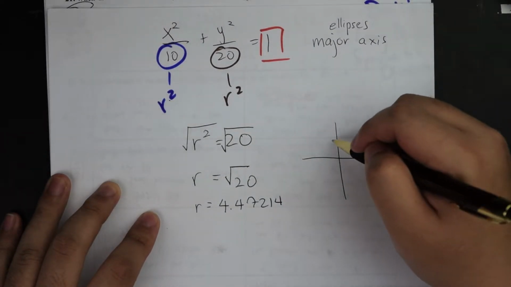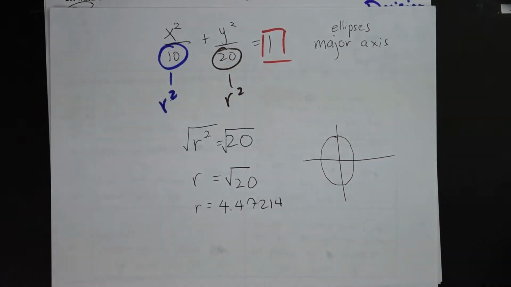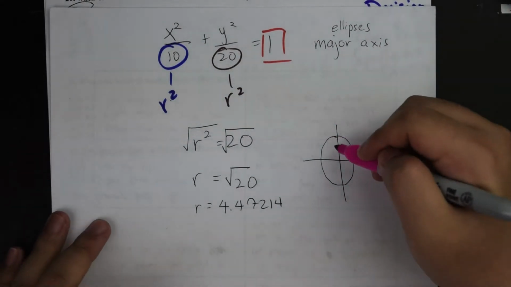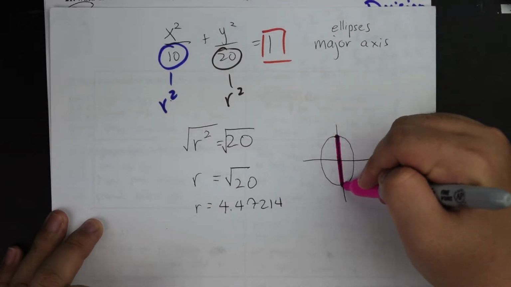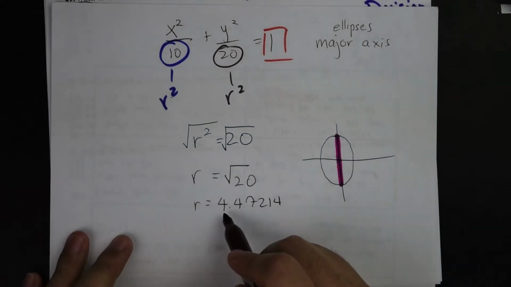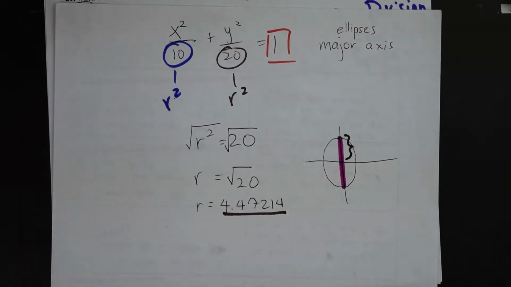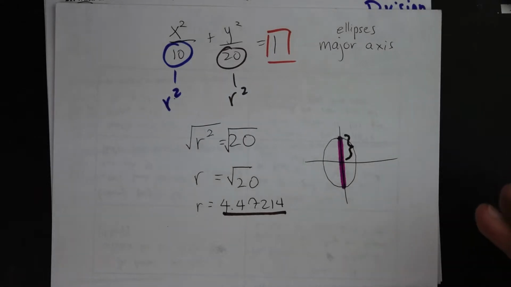But that does not finish my question. If I was to provide a little sketch of how this looks, right now you have an ellipse right here. The major axis is represented by this whole thing. What I found so far with this 4.472, which I'm going to show in brown, is the measurement of this piece right here. But be aware, it only found the radius, not what we'll call the diameter of this whole thing.